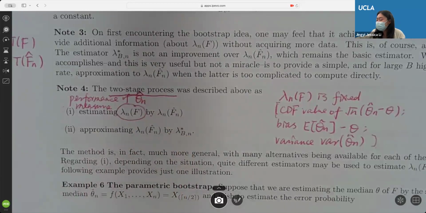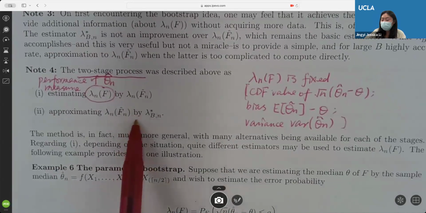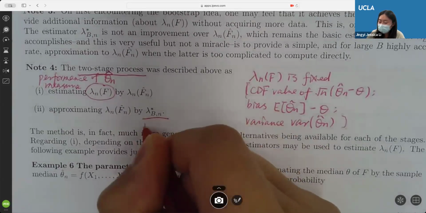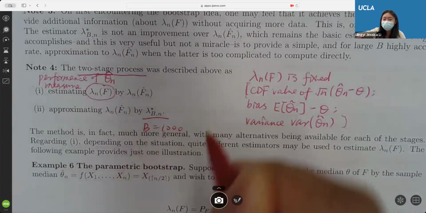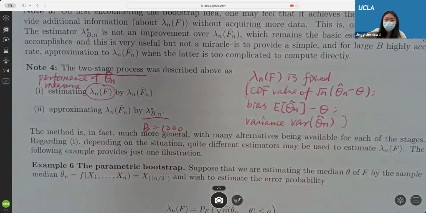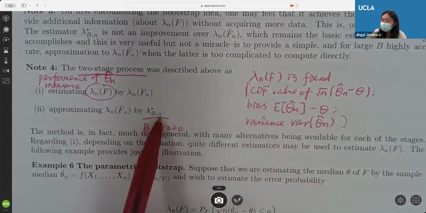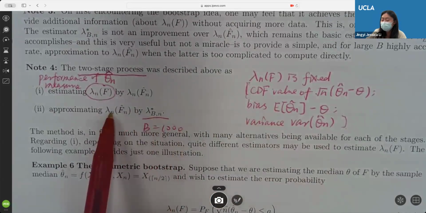That's why for Bootstrap, we often set the number of Bootstrap samples to be a large enough number, such as 1,000. If we set B to 1,000, then B is considered large enough, and you hope this is a good enough Monte Carlo approximation.